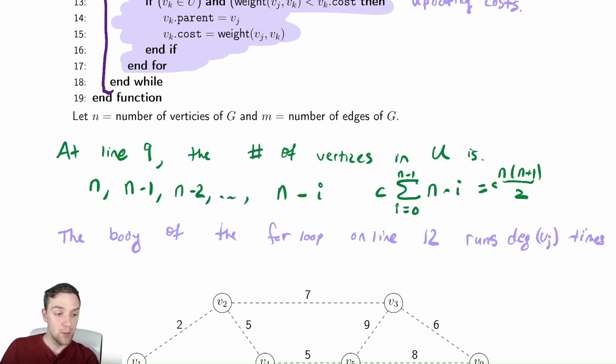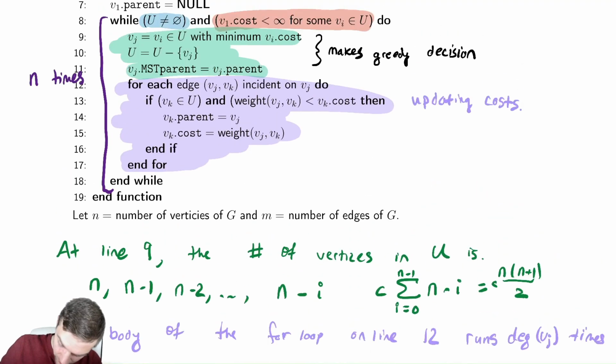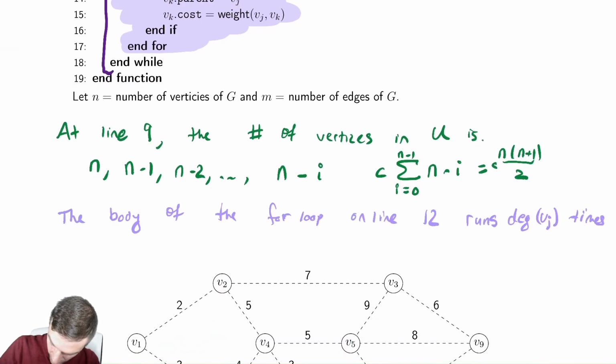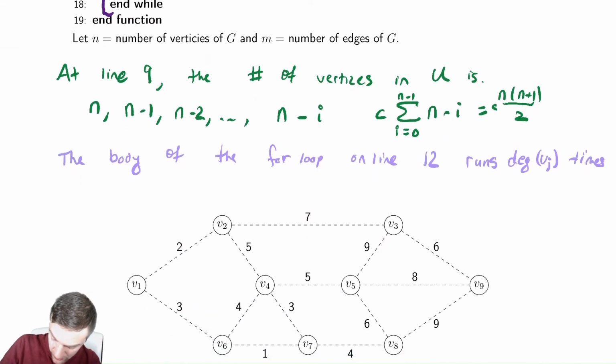And now, the body of the for loop here runs degree of V sub j times, and it runs for every single vertex if we're adding every single vertex to the minimum spanning tree. Therefore, the runtime of the lavender code is the sum from j equals 1 to the number of vertices of the degree of V sub j.